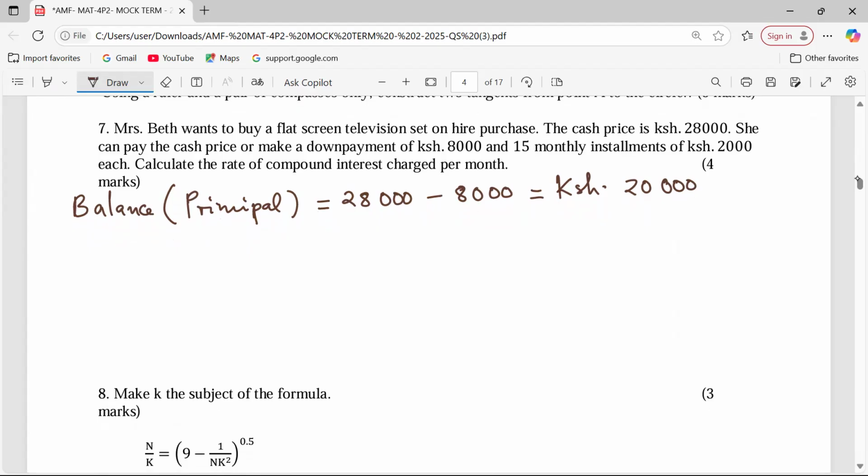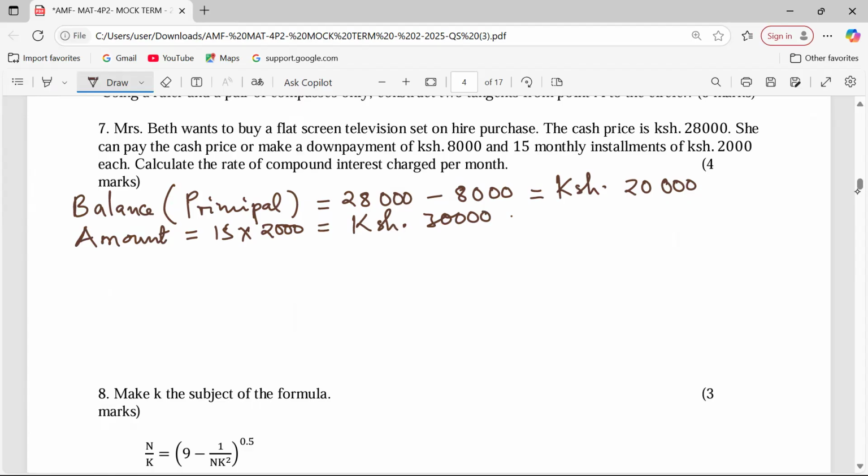From this now, we can also say that there is the amount that will end up being paid. So instead of Madam Beth paying 20,000, she shall be paying an amount equivalent to 15 installments, each 2,000, and this gives us 30,000 Kenya shillings. So instead of the balance, which could have been 20,000, she ends up paying installments, which are now 30,000.